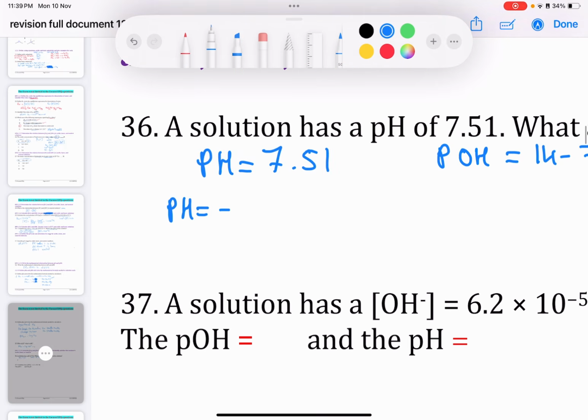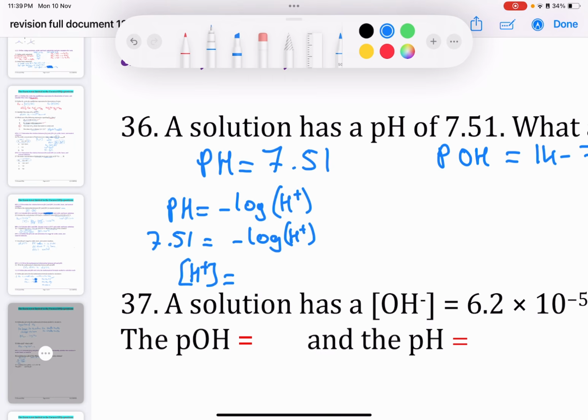pH is minus log H plus. So I'm gonna put 7.51 equals minus log H plus, and I'm gonna plug it into my calculator and solve for H plus. So H plus concentration here is going to be 3.1 times 10 to the power negative 8 molar.